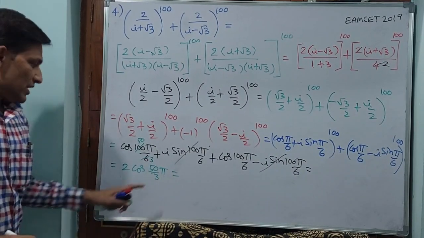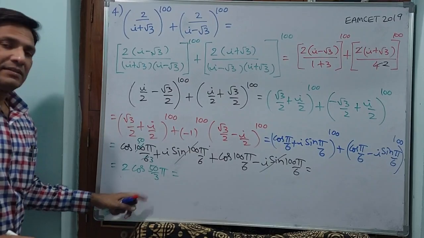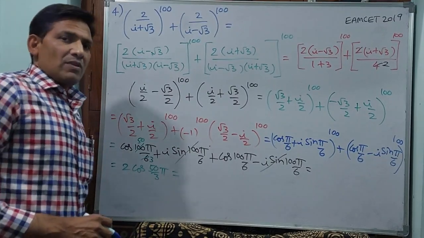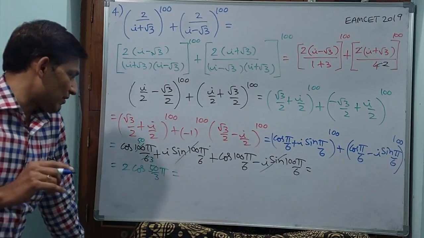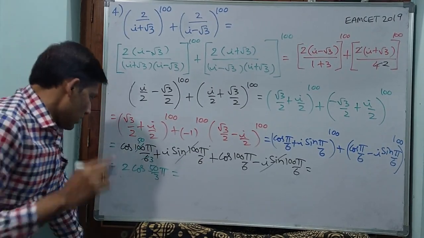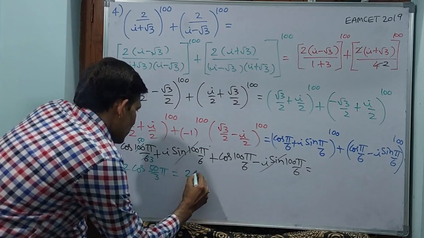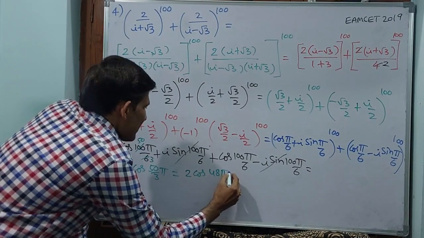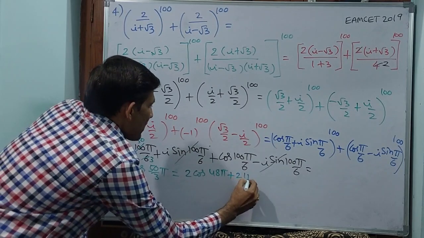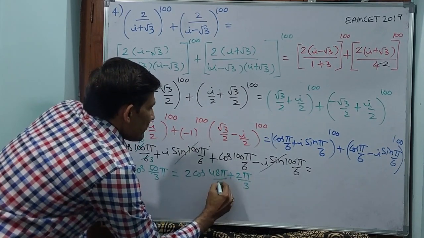50 pi by 3, see, 50 pi by 3 means what? How can you split? 48 pi, shall I split? Directly, yes. See what I am writing: 2 cos (48 pi plus 2 pi by 3).